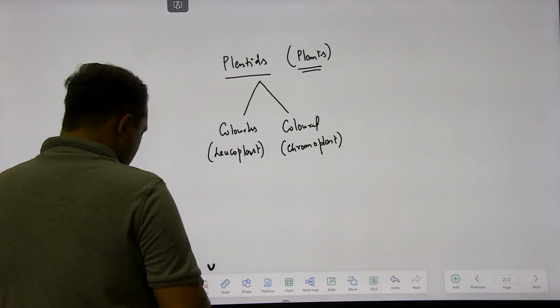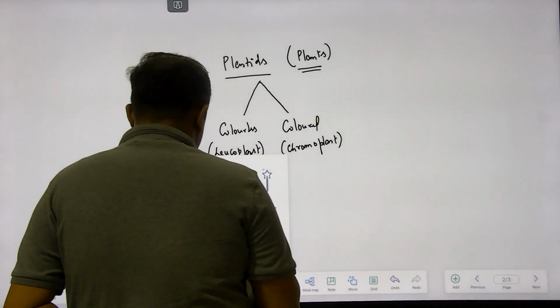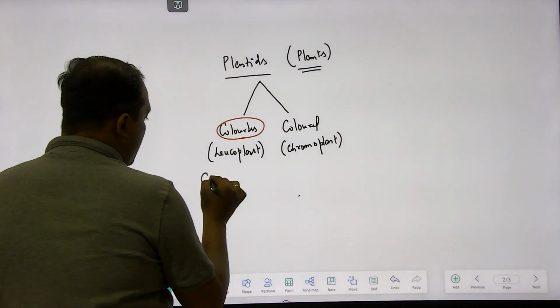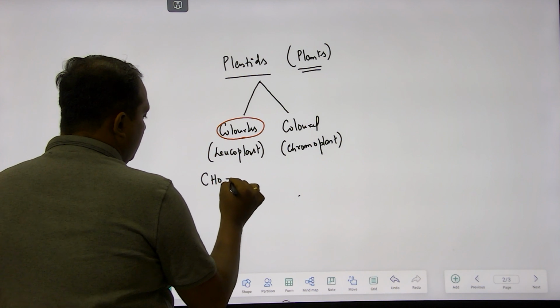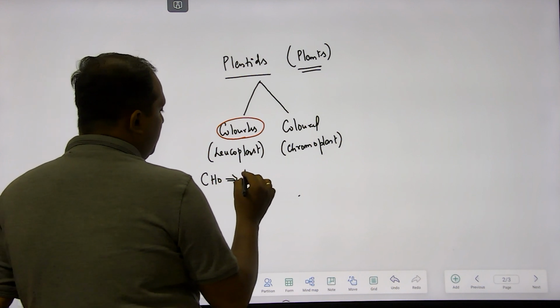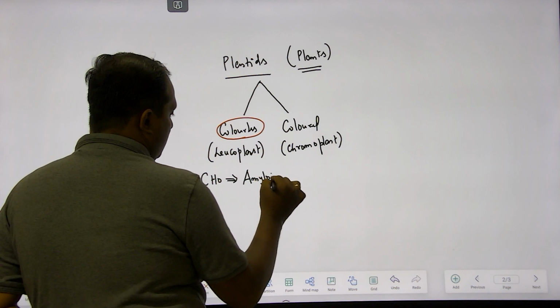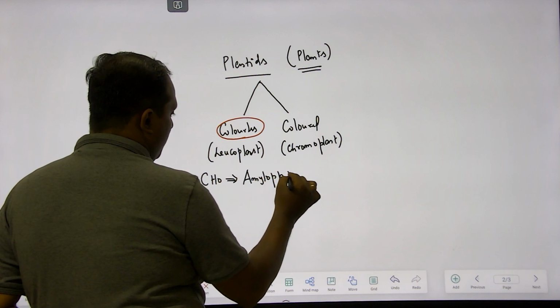Now, these colorless substances can be either a carbohydrate, in which case the plastid is referred to as amyloplast.